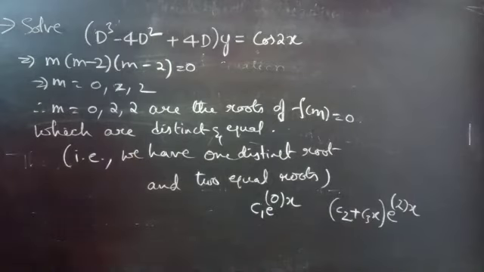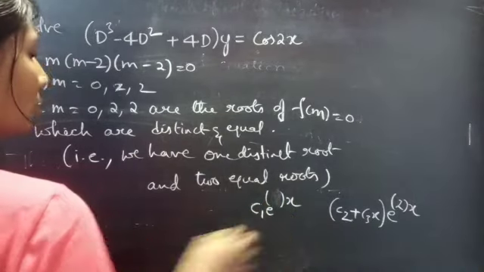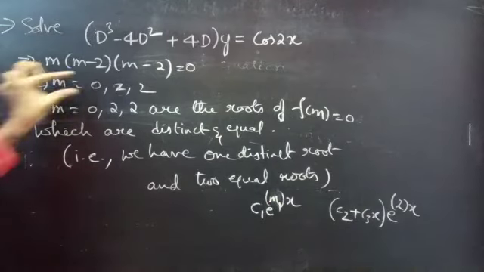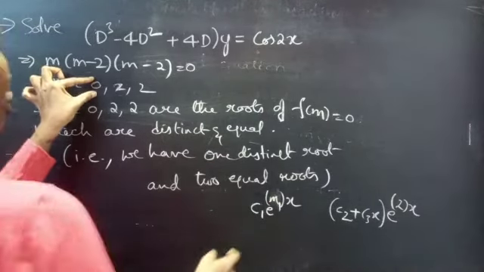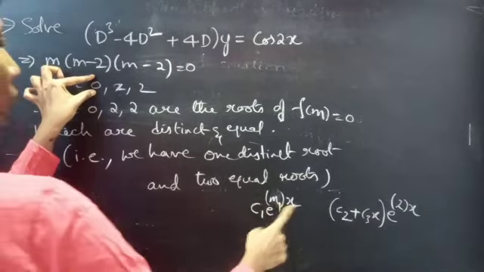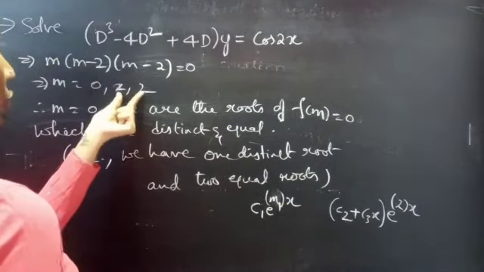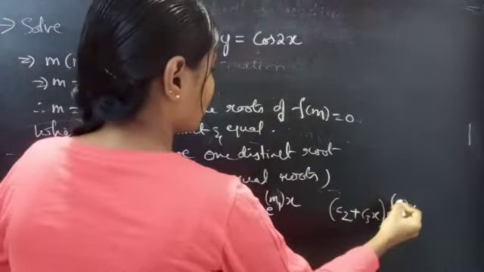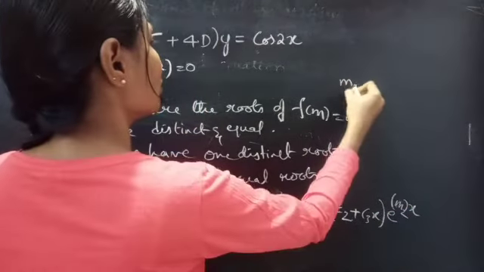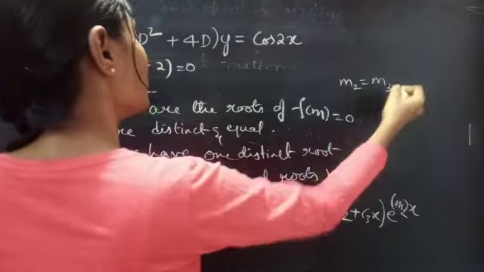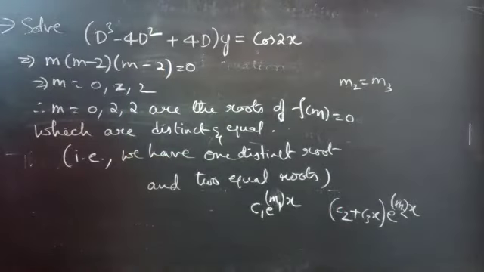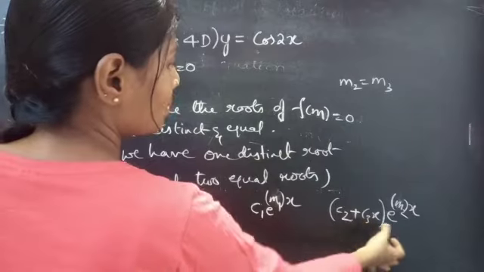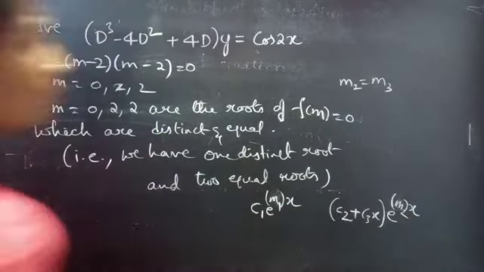Or in general, if you consider the distinct root as m1, then the solution will be c1 e power m1 x, and for the two repeated roots, if you consider them as m2 and m3, where m2 equals m3, you will get the solution (c2 plus c3 x) into e power equal root into x.